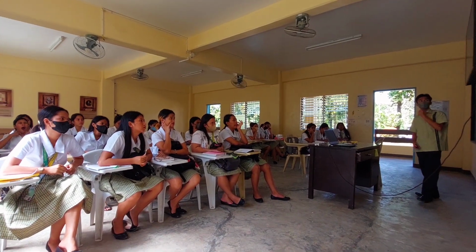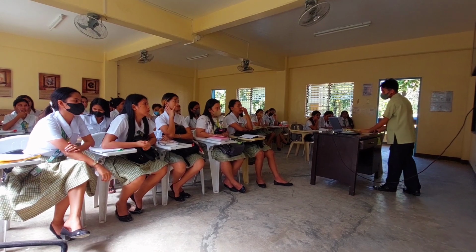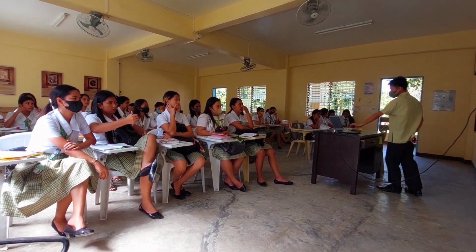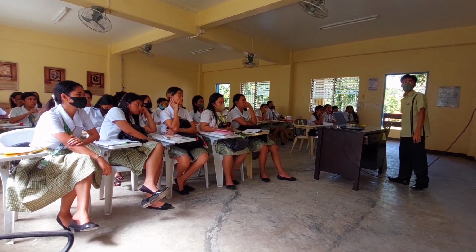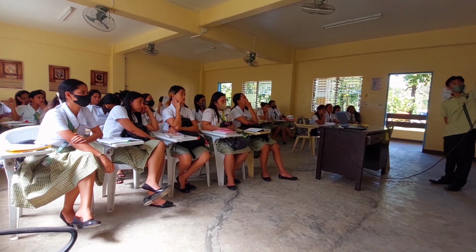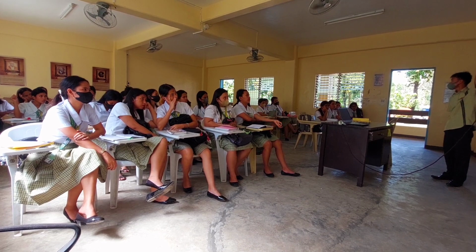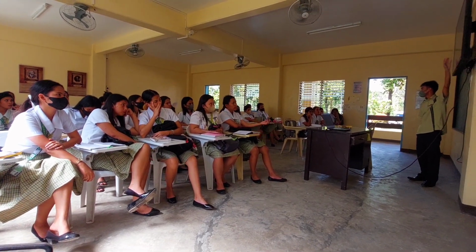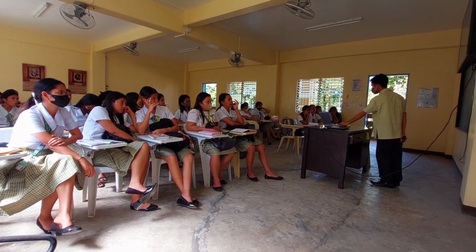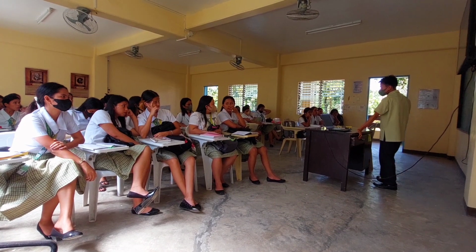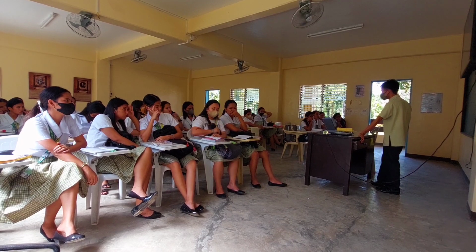Next, the class boundaries. How do we get the class boundaries? For the lower limit, we subtract 0.5. For the upper limit, we add 0.5.